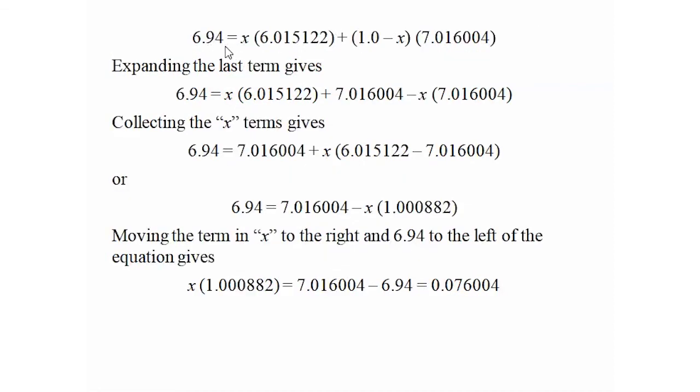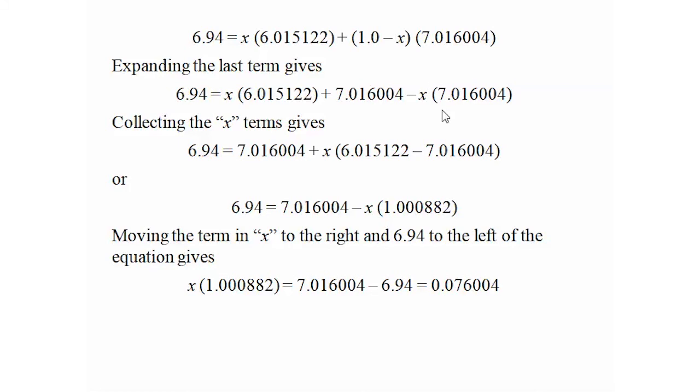This is the equation that we came up with in the last slide, where X is the fraction of lithium that's lithium-6. We can expand this last term to be 7.016 minus X times 7.016, and then we can collect the X terms, which gives us that 6.94 is equal to 7.016 plus X times 6.015 minus 7.016.